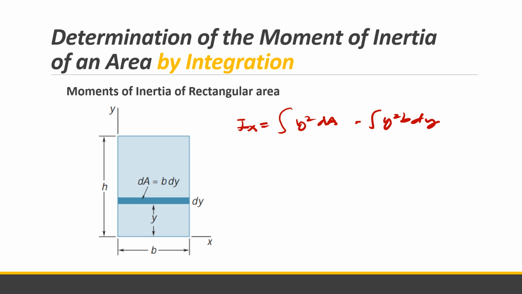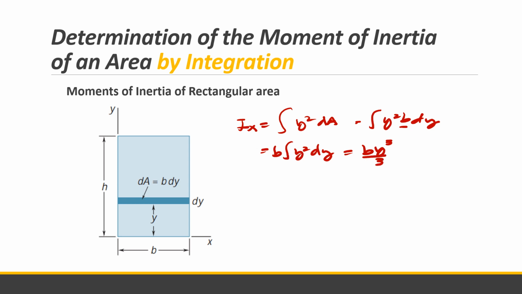So papalabas natin yung b since this is a constant. So magiging b integral of y squared dy. So what is the integral of y squared dy? So magiging b y cubed over 3.